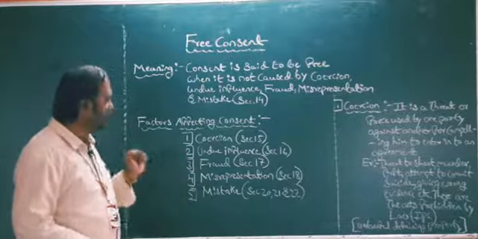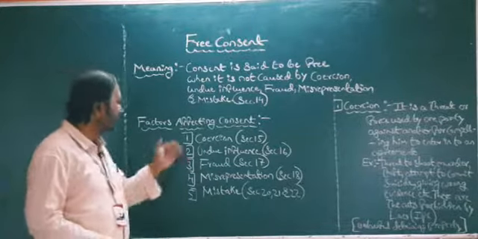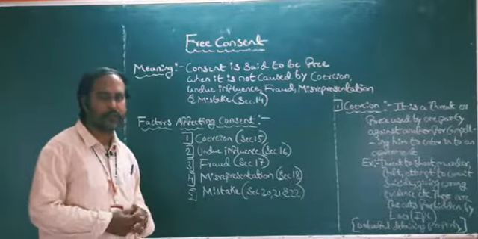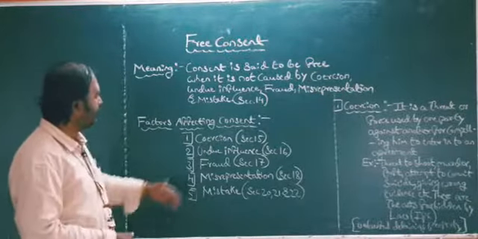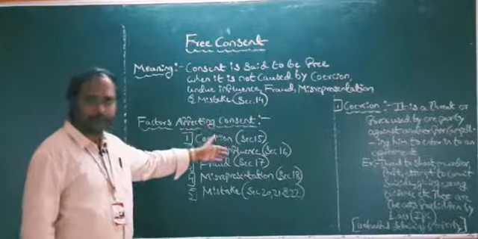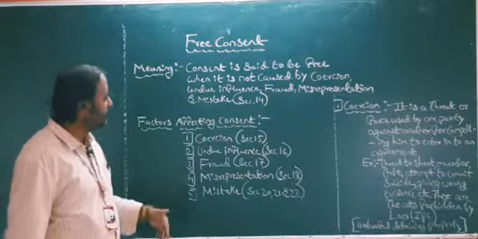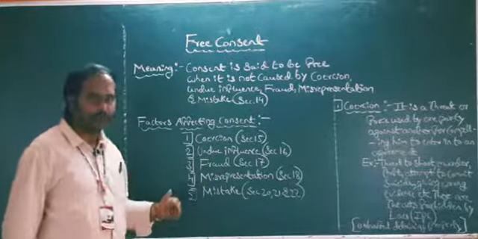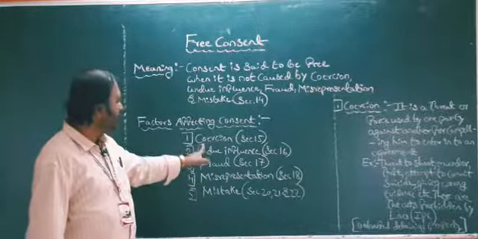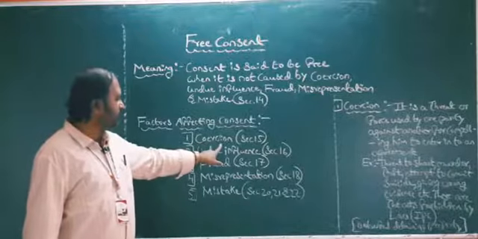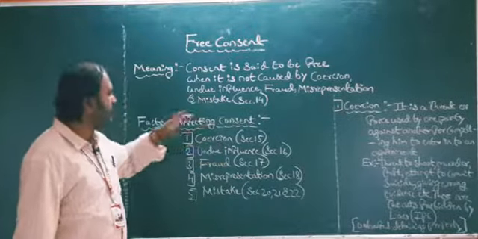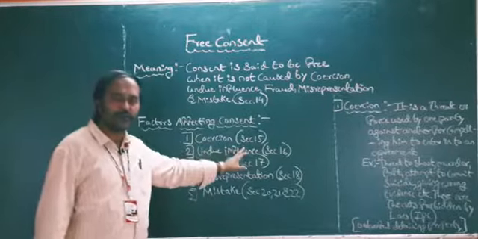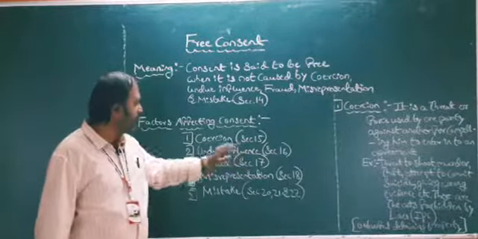After discussing the meaning, let us look at the various factors affecting the consent. We have already covered these points in the meaning itself, but let us see in detail which are these factors. Coercion is one of the factors affecting the consent, and it is given under section 15.